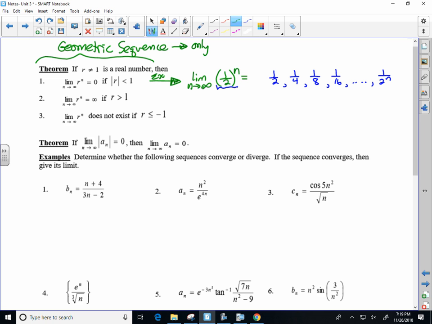In very simplistic terms, the only way to get from one term to the next is through multiplication.